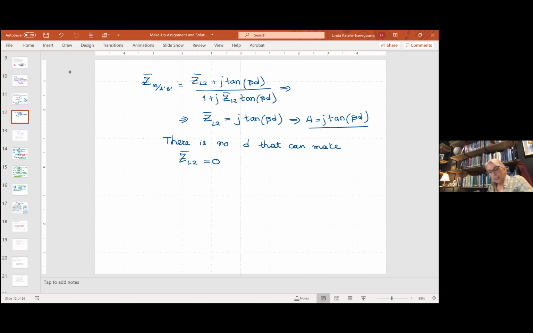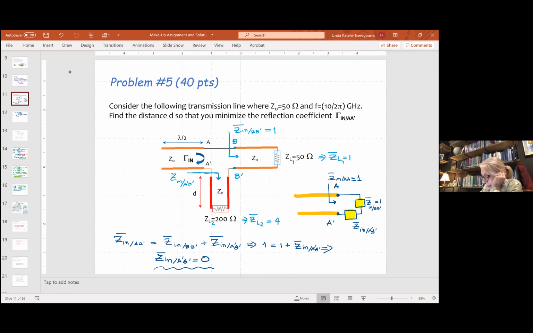So what is the next then? We can only minimize as the solution, as it says here. We cannot make it 0, but we have to find the smallest number, the minimum value for Z input at A prime, B prime that makes this gamma as small as possible.